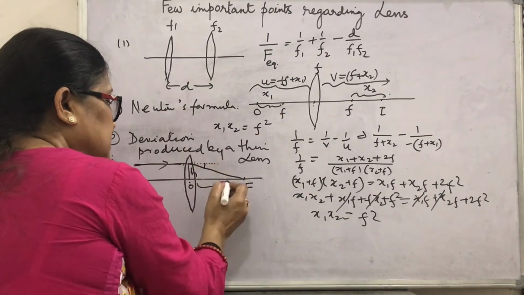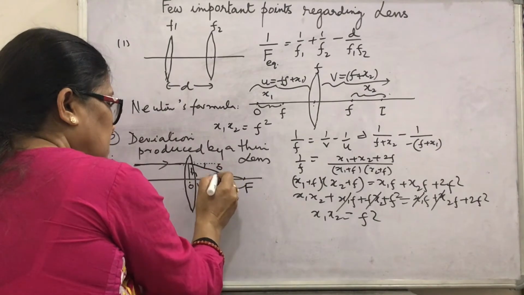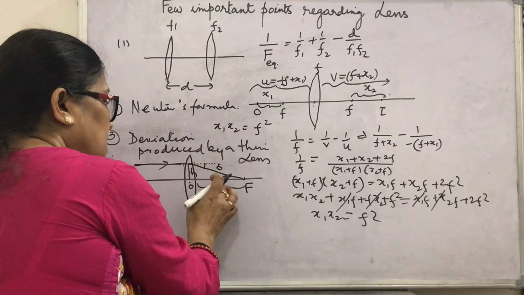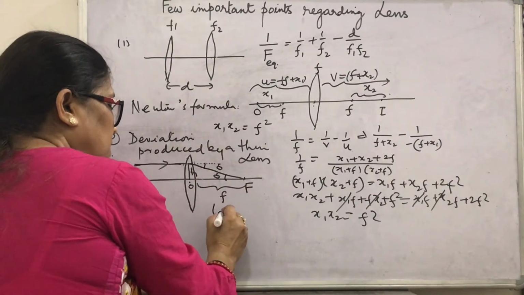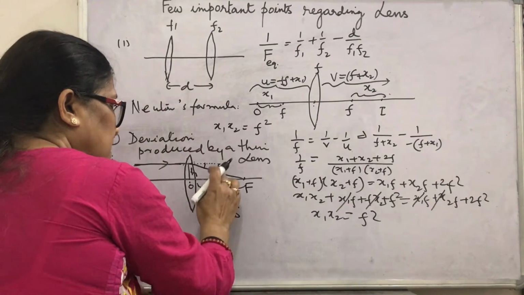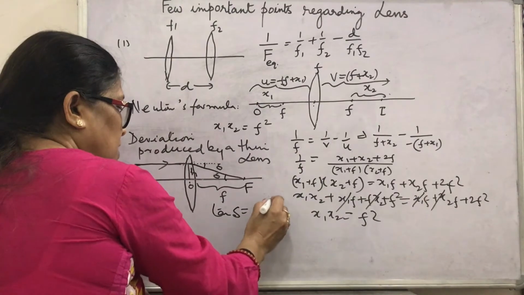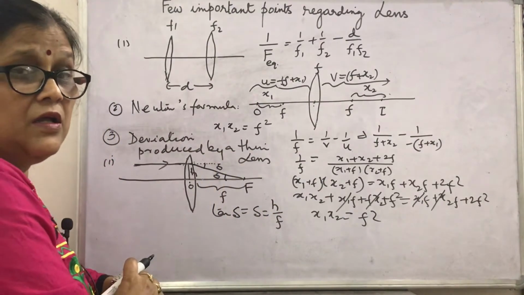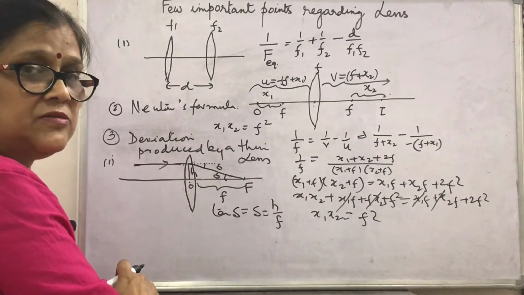If this angle is the deviation, this will be the same as this. Suppose I write deviation as delta, then for a very small angle, tan alpha, h by f, will be only alpha. So tan delta equal to h by f. This is the case when the incident ray is parallel to the principal axis.